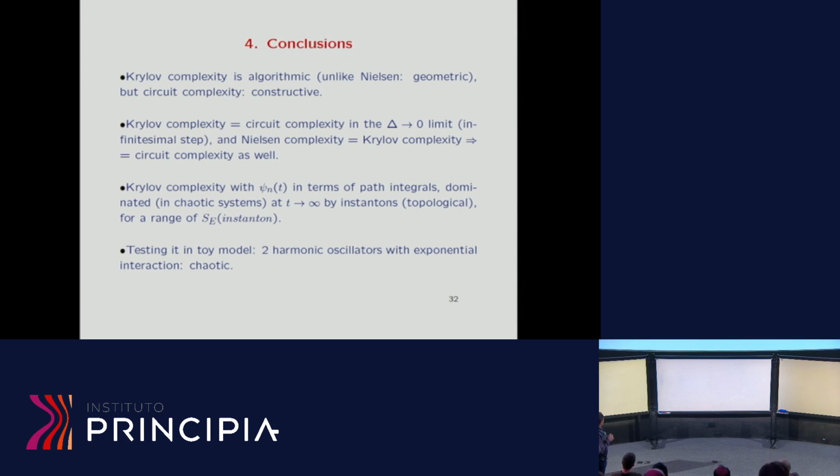So now these are also equal to circuit complexity, meaning there's a single notion. And we found that Krylov complexity can be obtained in terms of some path integrals dominated in chaotic systems by instantons for a certain range of instanton actions. And we're trying to test it in a toy model of two harmonic oscillators with an exponential interaction. That's it. Thank you.